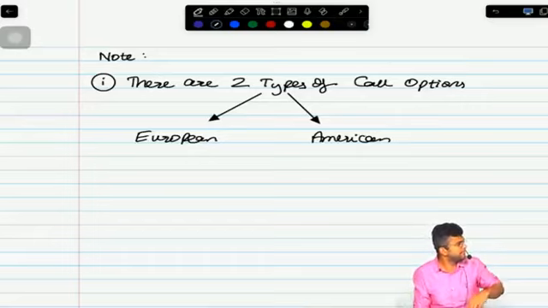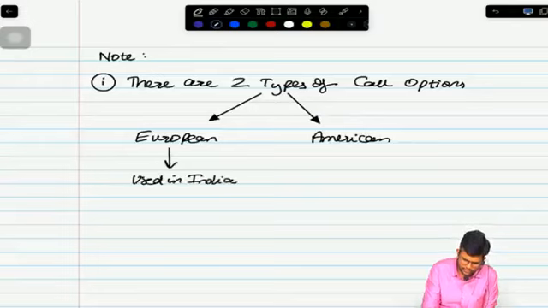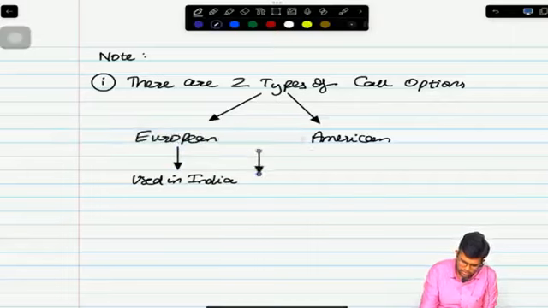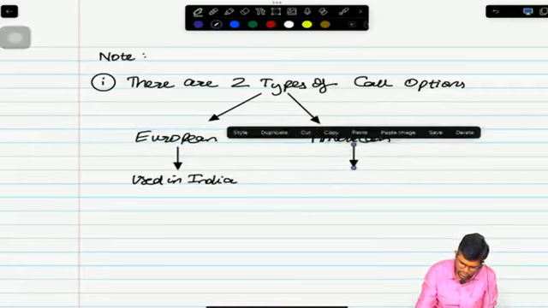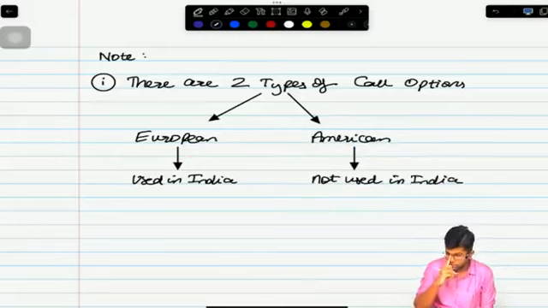European is used in India, and American is used in America. This one is not used in India.